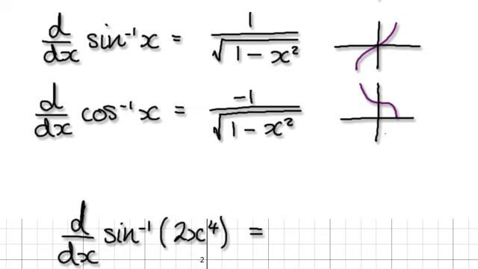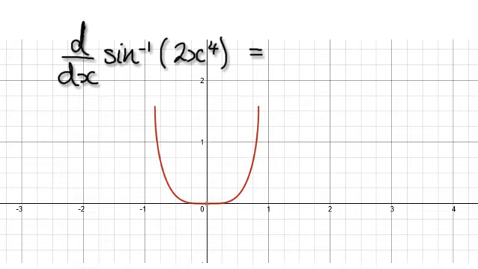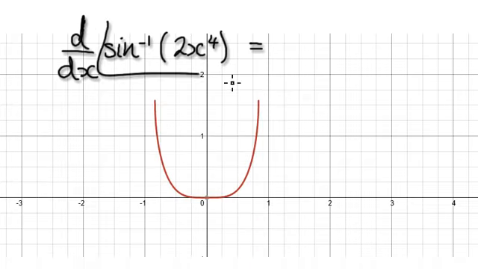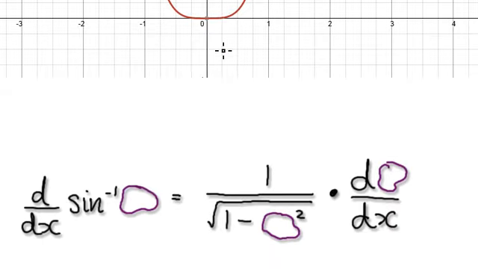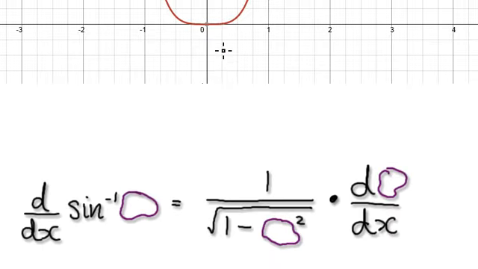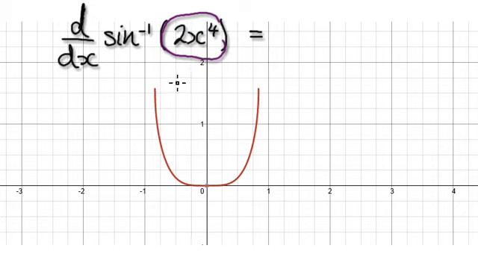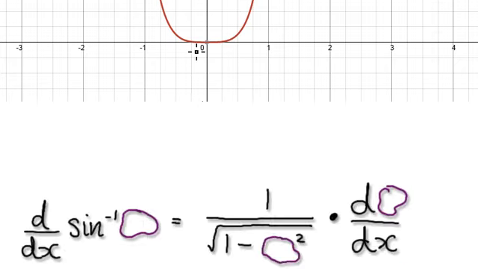Okay, so to do this, you're asked to differentiate this thing here, but visualize it as a bubble. Looking at this here, it is (2x)^4.